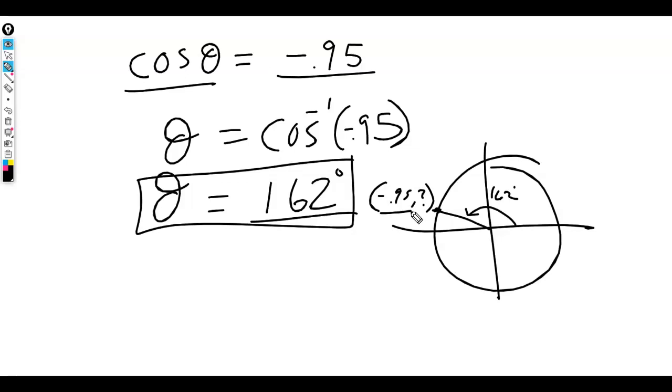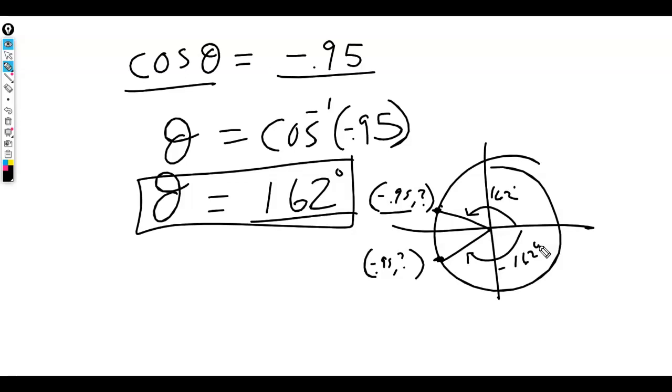So what we talked about is that this point, if you just reflect it straight down to the opposite side across the x-axis, you will also have another place where the cosine value is negative 0.95. And that angle will be the same thing as the one on the top. The only difference is going to be the negative version of that angle. So it's negative 162 degrees.